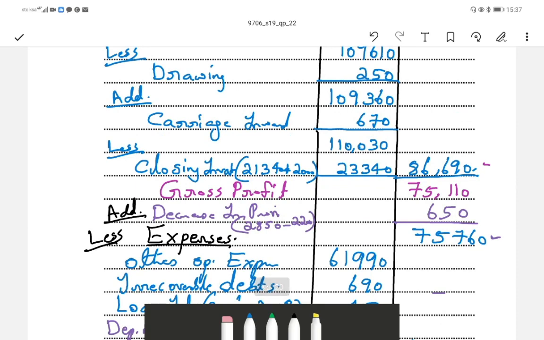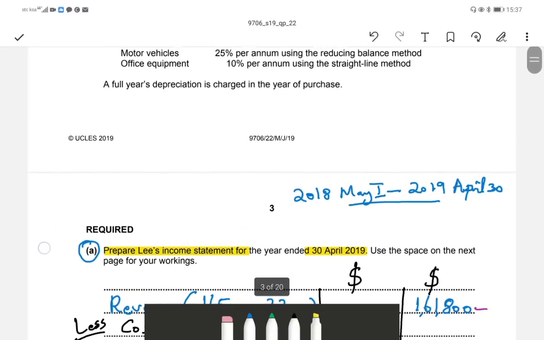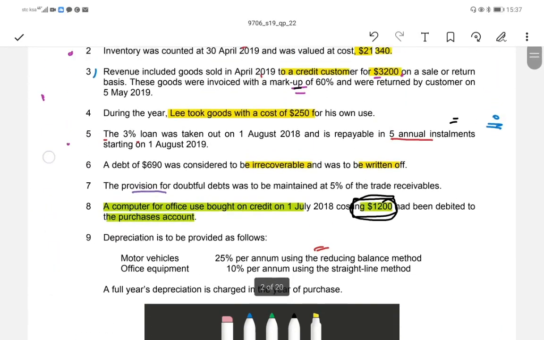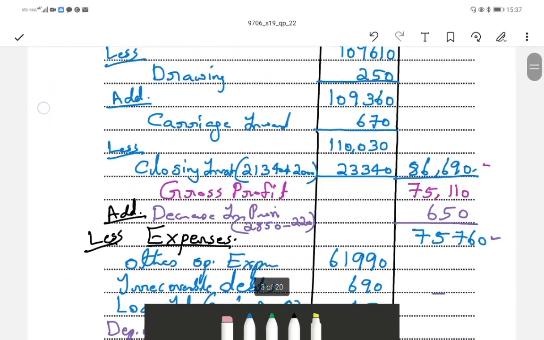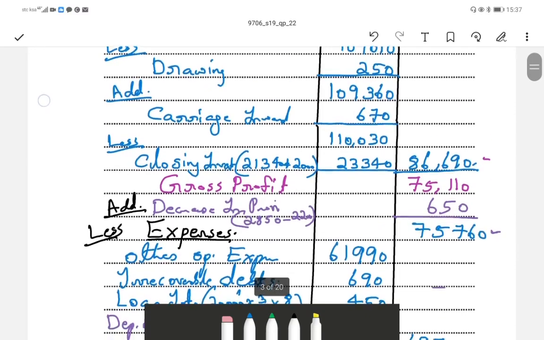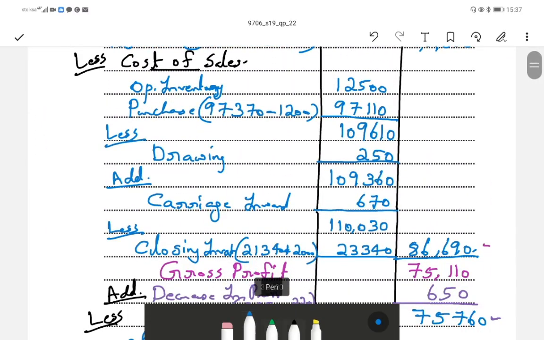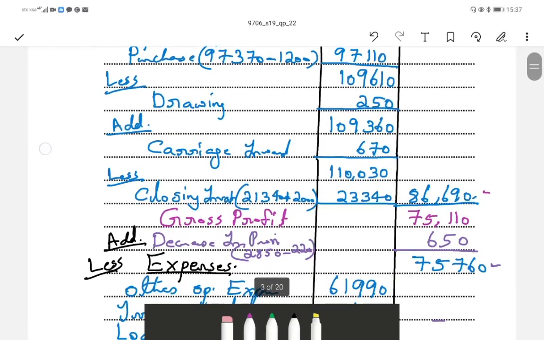So we have to check the closing inventory. Current asset is equal to closing inventory. What was our closing inventory? Closing inventory we have already done in this question, in the income statement. You can see the closing inventory, 23,340.